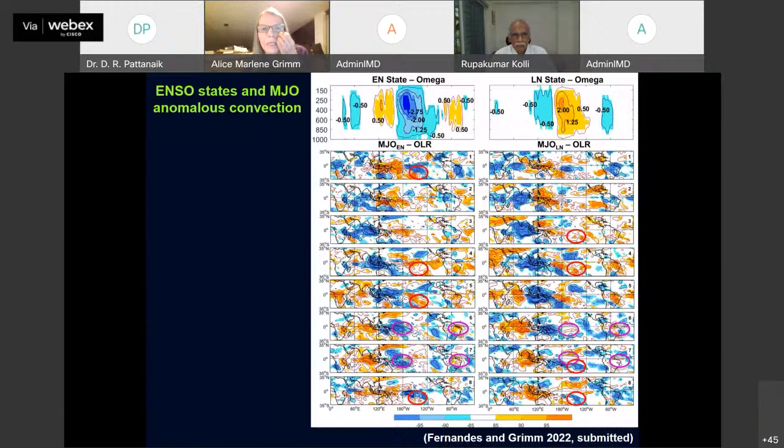We can see that during phases 8 and 1, when the MJO displays enhanced convection here in the Central Pacific, which is something in common with El Niño, these anomalies are enhanced here.